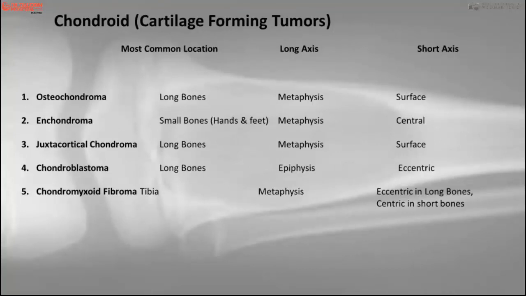Juxtacortical chondroma is again in the long bones in the metaphysis. Chondroblastoma, one of the rare tumors, usually in growing children, is usually in the epiphysis and is eccentric. Then comes the chondromyxoid fibroma, which is usually seen in the tibia or long bones and is in an eccentric location.